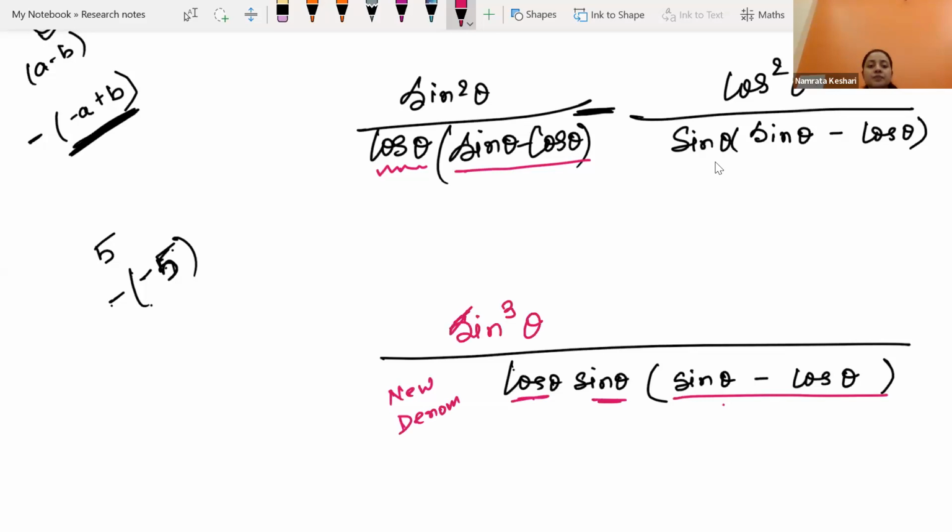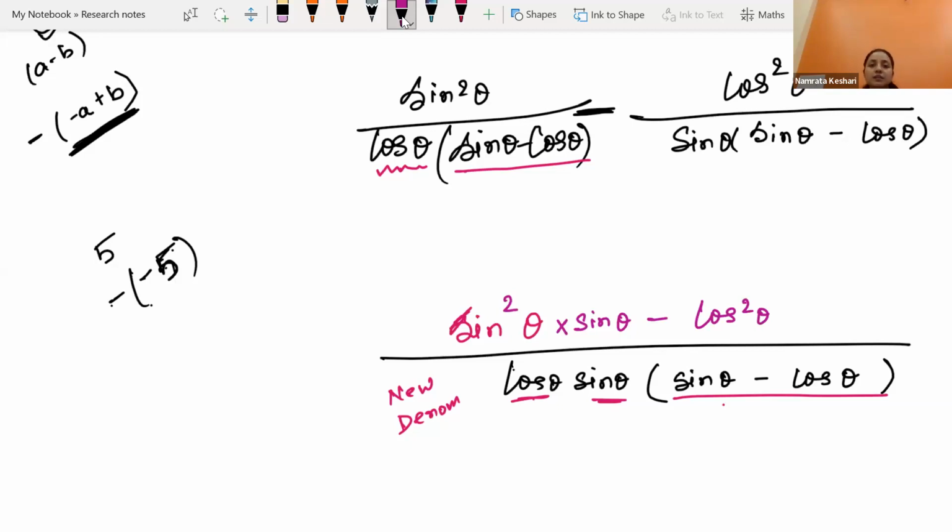Sin cube theta, if I say, is it making sense to all of you? Yes or no? Sin square was already there, one more sin we have multiplied. Let me break it, otherwise you will end up getting confused. Sin square was already there, we are multiplying sin with it. Is it okay? Yes. Minus, what will be there? Please tell me. Cos square was still there.